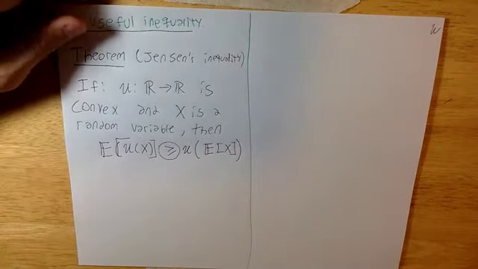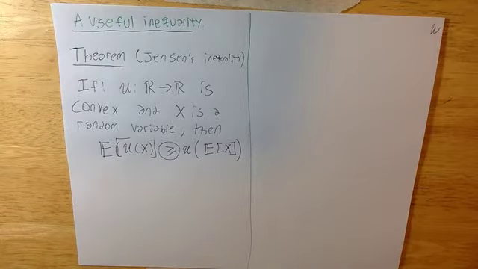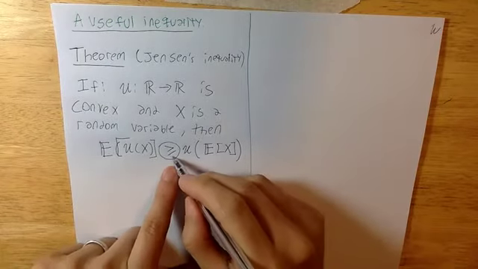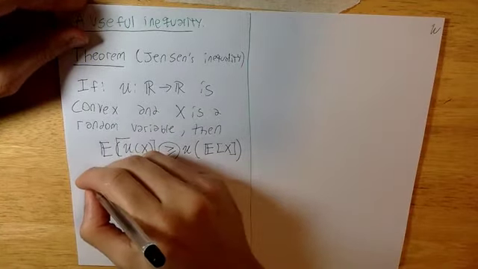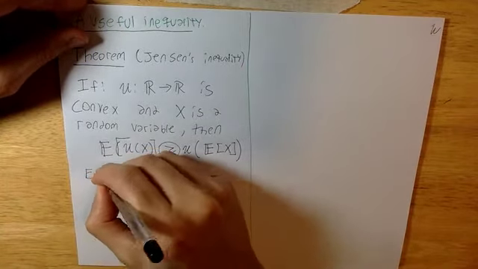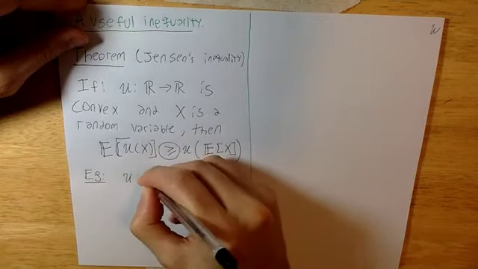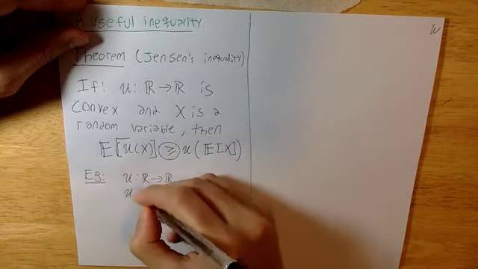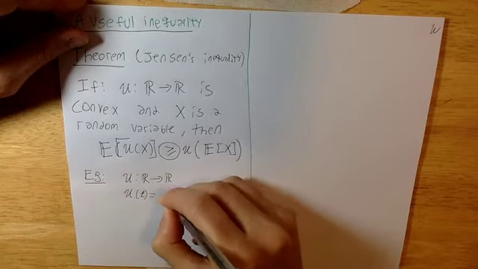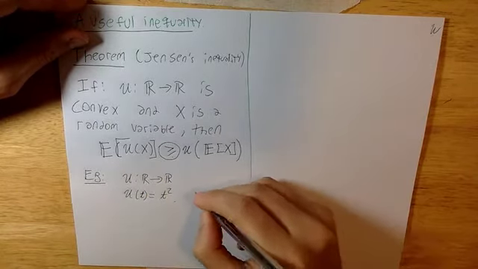it goes. The usual way of realizing how this goes is by thinking of an example, for example, u going from R to R, u of t is equal to t squared. Okay, so this is convex.